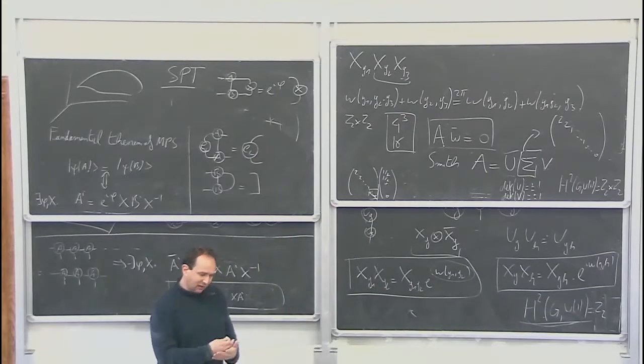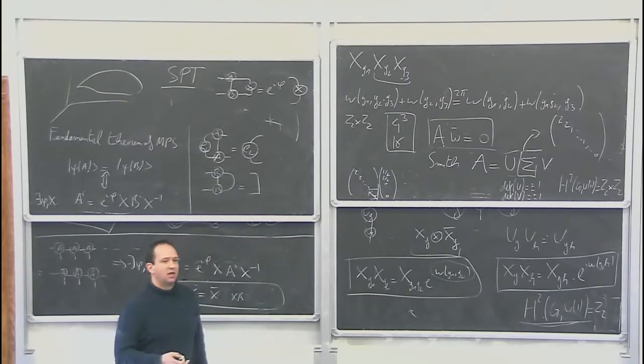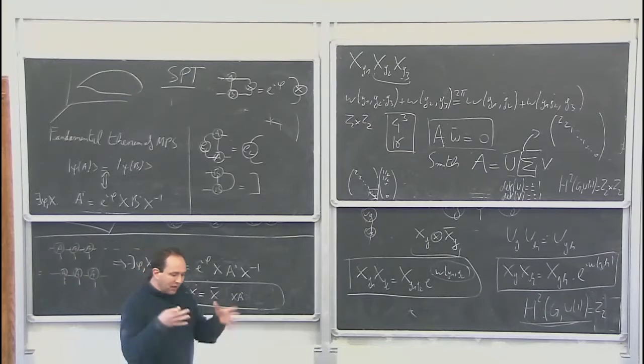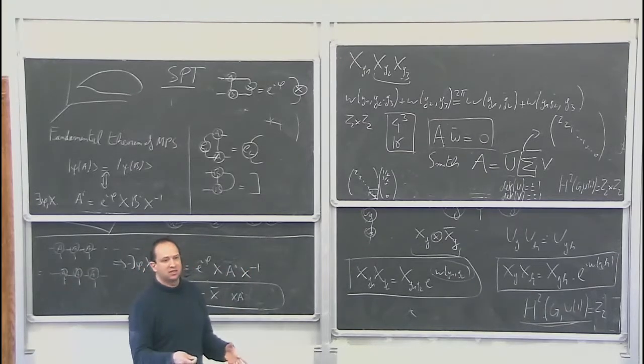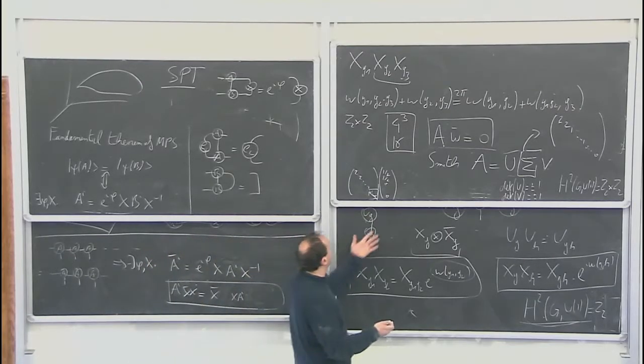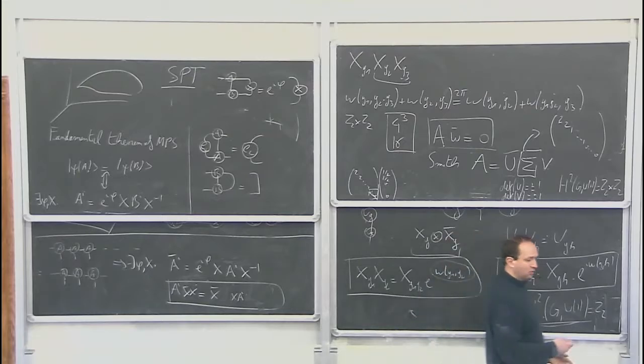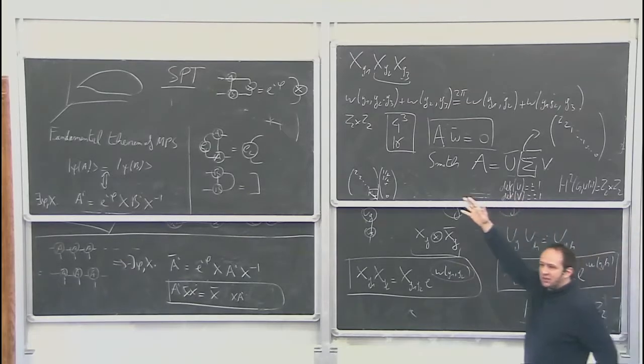And that means that for every solution of this Smith normal form, I can actually construct an MPS that has these properties. And of course, they cannot be connected to each other because there's no way in which these indices can suddenly jump. Okay, and this is basically the story of SPT phases in 1D.